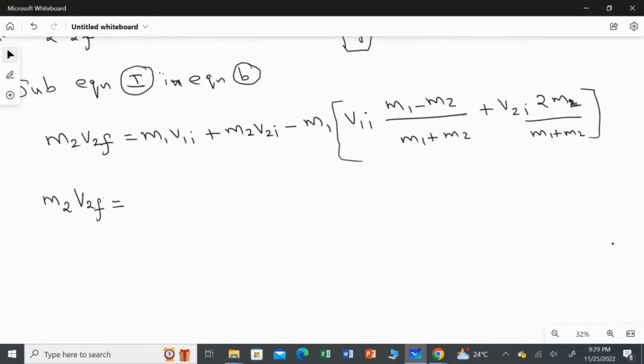Now I'm going to multiply this M1 inside. So we have M1 V1 initial plus M2 V2 initial minus, and you have to multiply this M1 inside, so M1 V1 initial multiplied with (M1 minus M2).